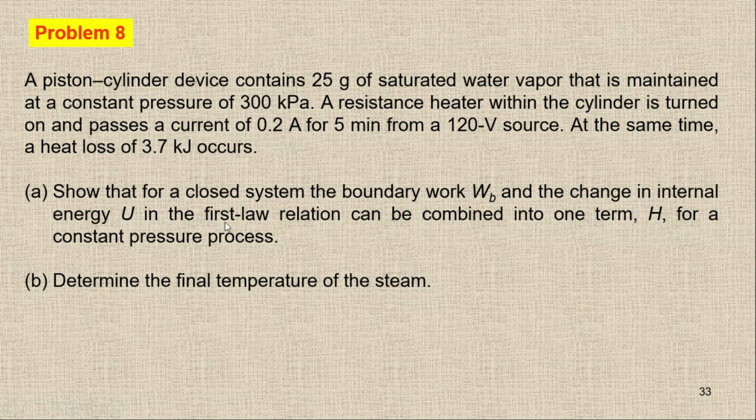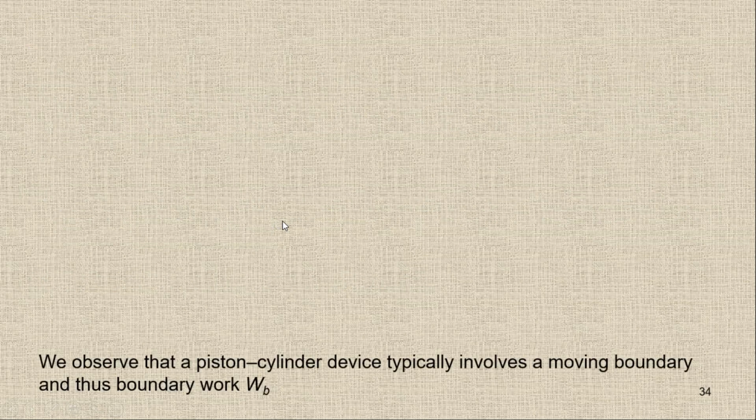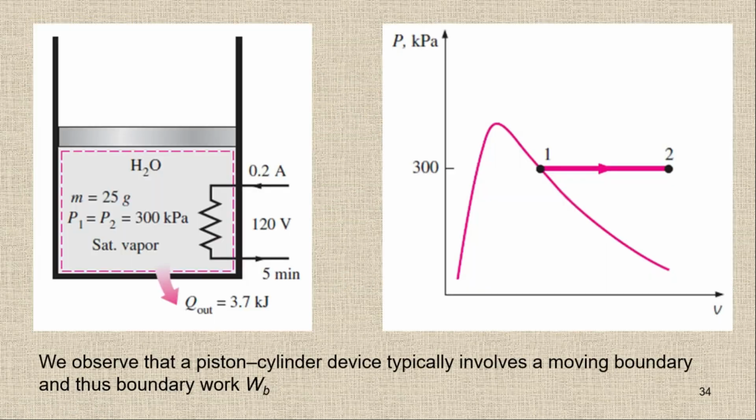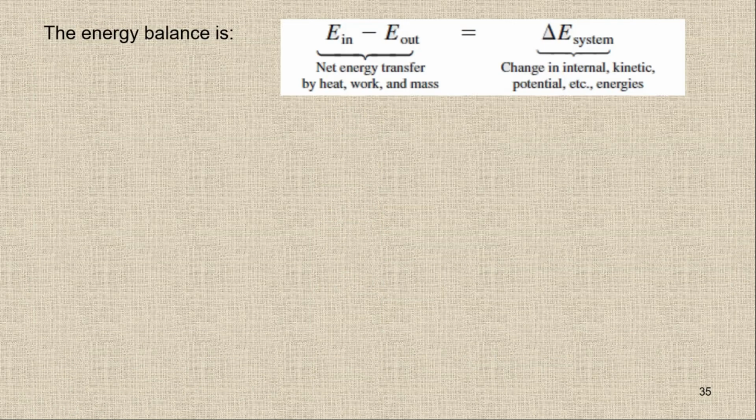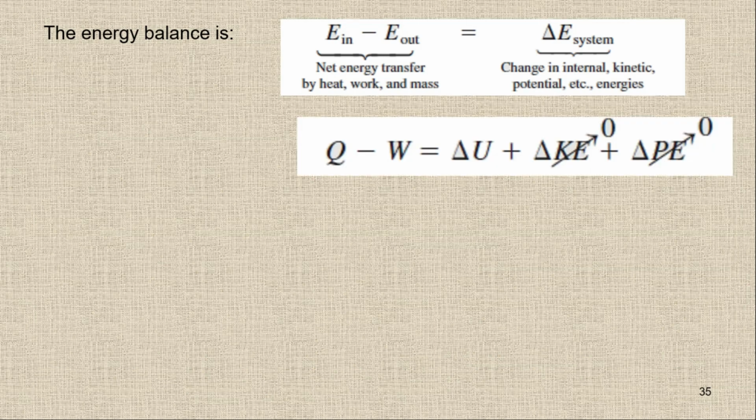So if I write the first law relationship, either the energy balance or the first law, I'm just going to use the first law. Simply we have Q minus W equal to delta U, and there is no kinetic and no potential energy for the system because we are treating it as a stationary system. So we have Q minus W.